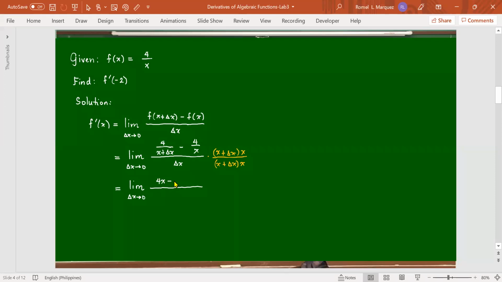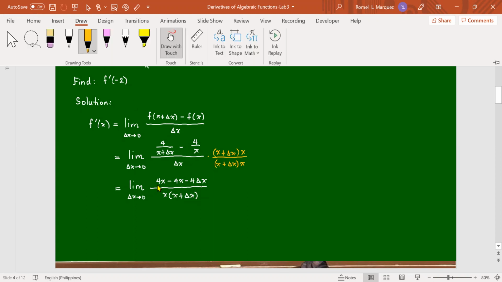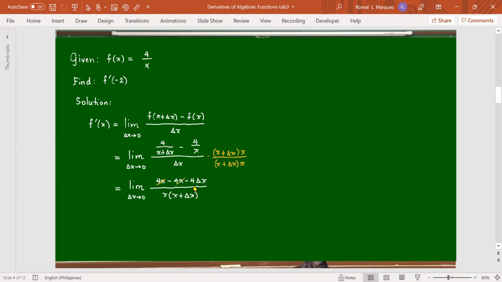The second term is minus 4 multiplied to this, so 4x minus 4 delta x. The denominator has x plus delta x. So 4x is eliminated, and we just have negative 4 delta x here.